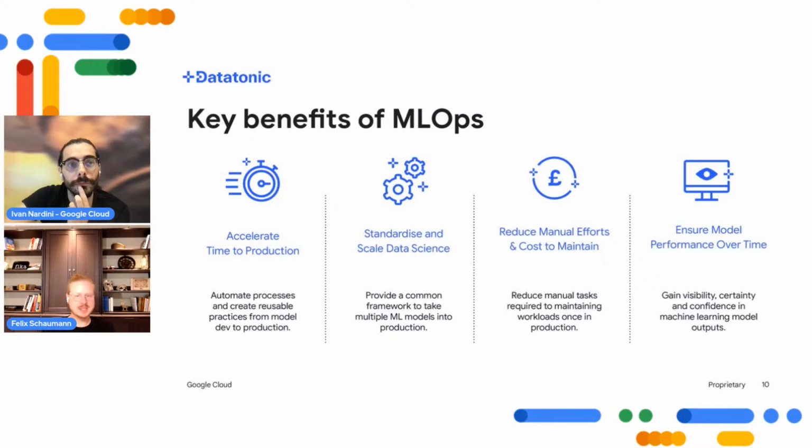So that's why MLOps is really relevant. And then overall, of course, a couple of key benefits which we want to focus on is reducing the manual effort and also the cost of maintaining those machine learning models. And ultimately with the aim to ensure the model performance over time is actually as high as necessary so that you can get actually return of your investment and also get the business value which you were hoping for.